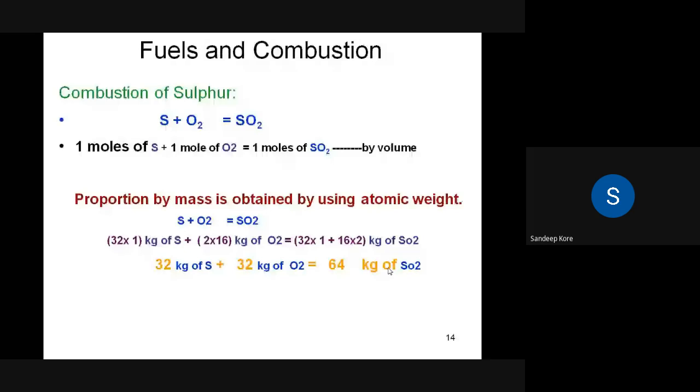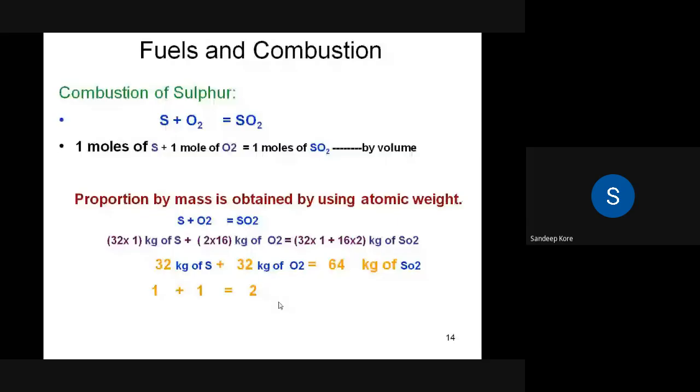Divide this equation by 32. So 1 kg of sulfur requires 1 kg of oxygen, it is going to form 2 kg of sulfur dioxide.